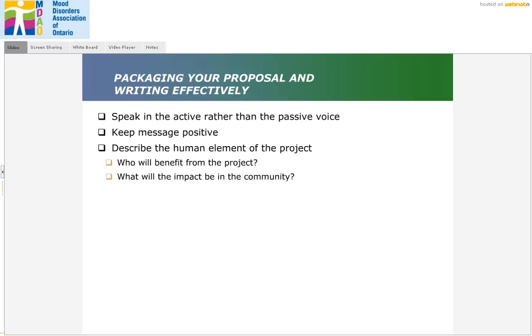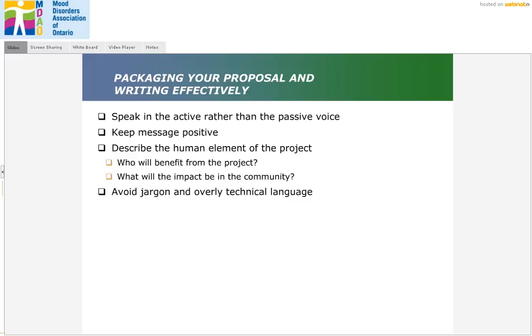Another aspect to be mindful of is to avoid jargon and overly technical language. Those who are evaluating your proposal may not necessarily be experts in the field, so avoid the technical language in order to communicate clearly.